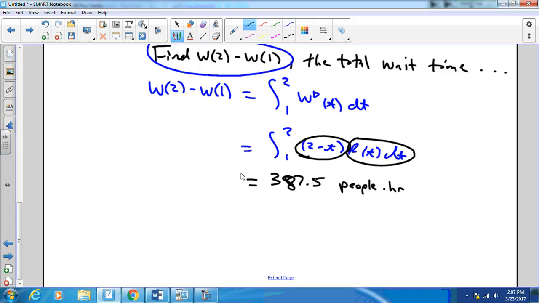Man hours reflect the total amount of time that everybody has to put into a job. So if a job takes 8 man hours, that means it takes 8 people 1 hour, or 1 person 8 hours, or 4 people 2 hours, or whatever. Well, this reflects the total number of hours accumulated over all the people that come to the concert. A total of 387.5 hours are wasted or socialized.